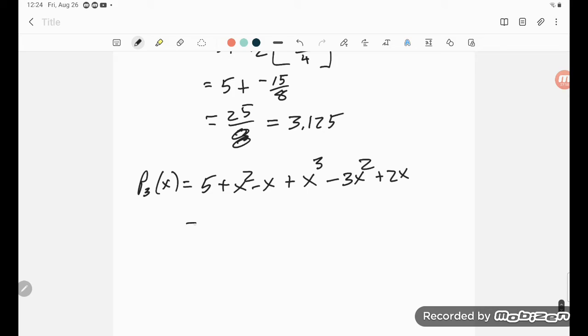So altogether, this is 5 plus x minus 2x squared plus x cubed. And if you, oh wait, let's see, what do I have here? Minus 3x squared, yeah, 2x, minus 2x squared, yeah.